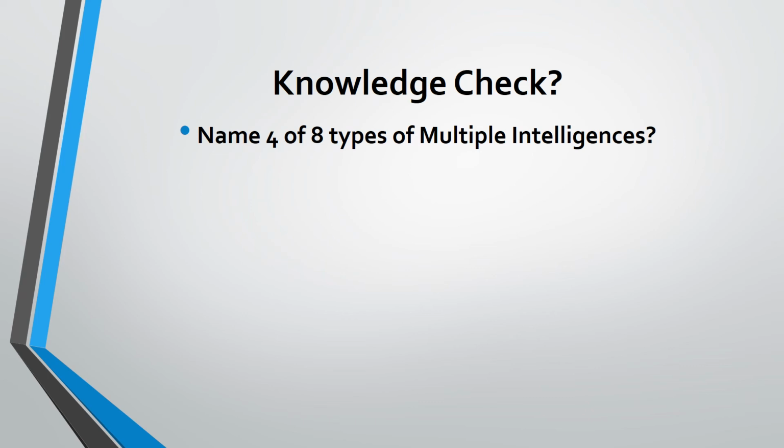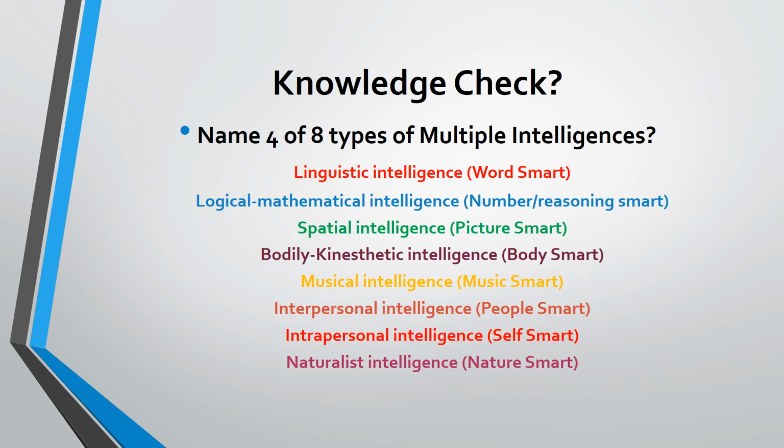Okay, time's up. Let's see what we've got. Well, we have linguistic intelligence, logical mathematical intelligence, spatial intelligence, bodily kinesthetic intelligence, musical intelligence, interpersonal intelligence, intrapersonal intelligence, and naturalist intelligence. And I know probably everybody here at least got 4, if not all of them.